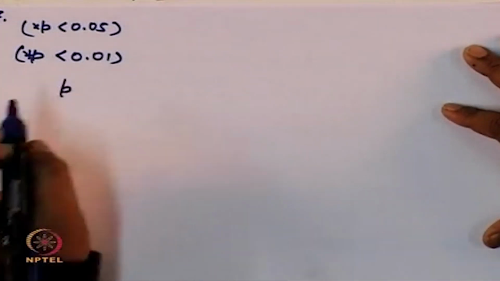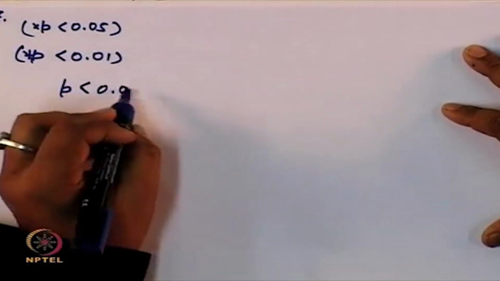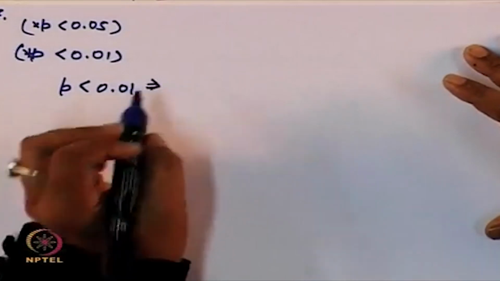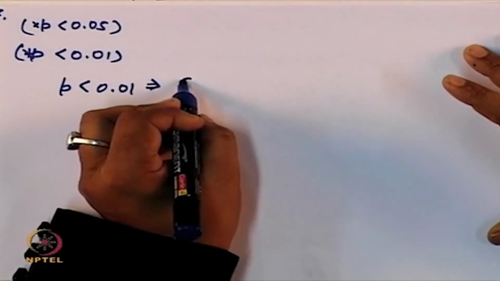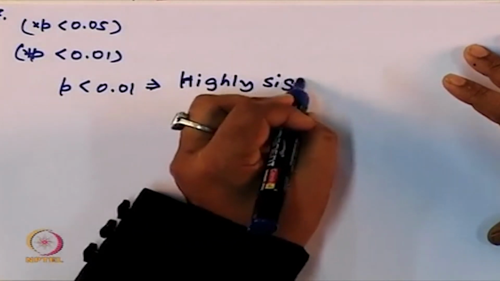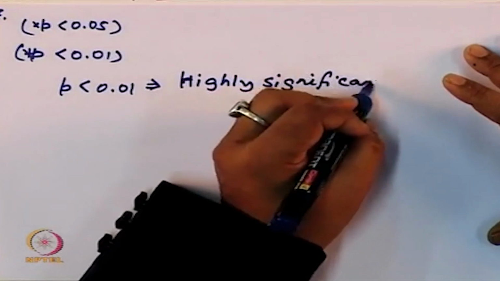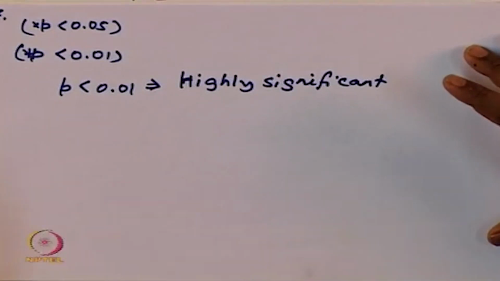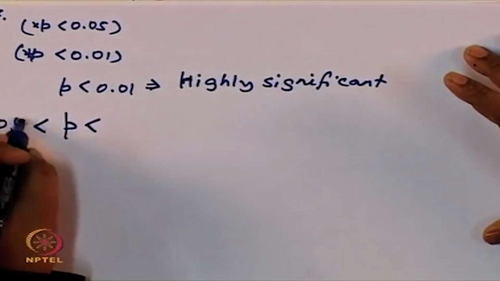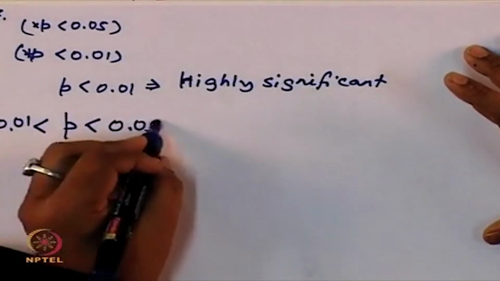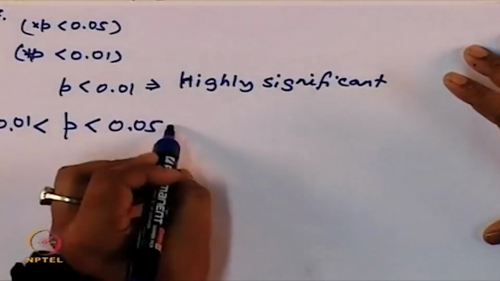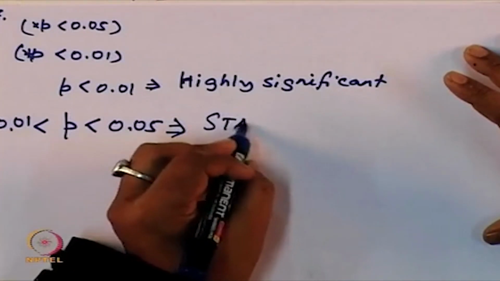If your p is less than 0.01, you typically say that the results are highly significant.